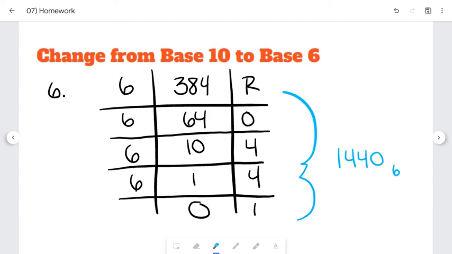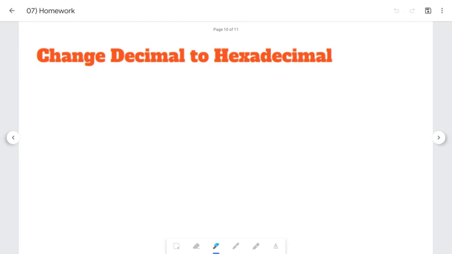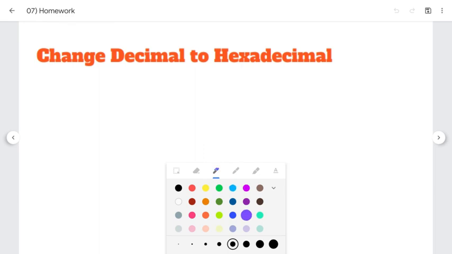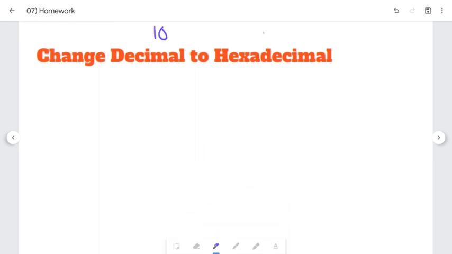Okay, let's try that again. Now we're going to change a decimal to a hexadecimal. Now remember, that just indicates that we're talking about a base of 10 to a base of 16. So the hexadecimal is 16. So we're going to try 242 base 10, changing it to a 16.